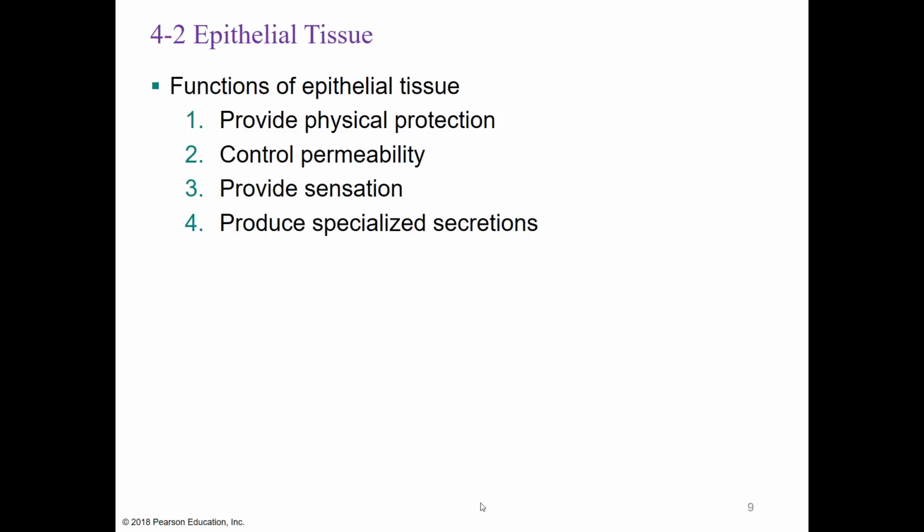Now this can be internal and external, but it's going to help keep what's in and what's out, and have more control over what passes back and forth. It can also provide sensation. So again, if we go back to the skin, we can certainly feel through the top layers of our skin, and produce specialized secretions. We talked about how that could be sweat or mucus, again, depending on where the epithelia is.